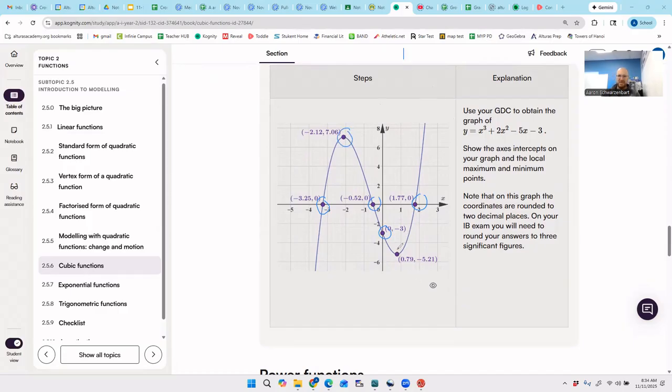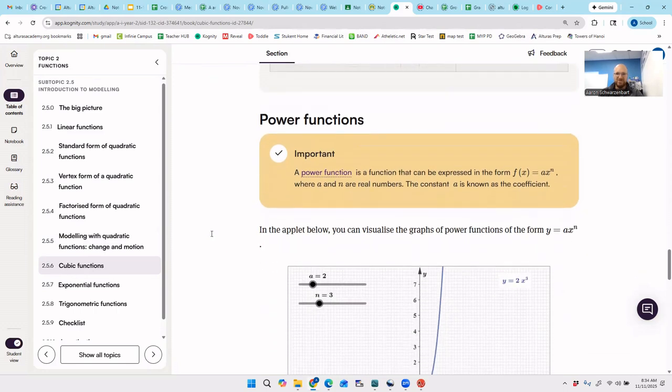And they want the maxes and mins. A power function does not need to have the exponent just needs to be a real number this time, but it does not have multiple terms. They're going to take that form.